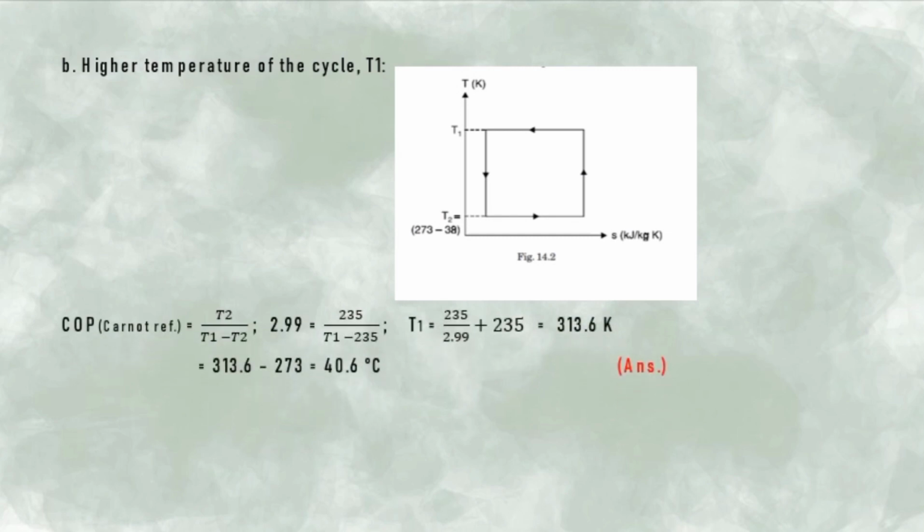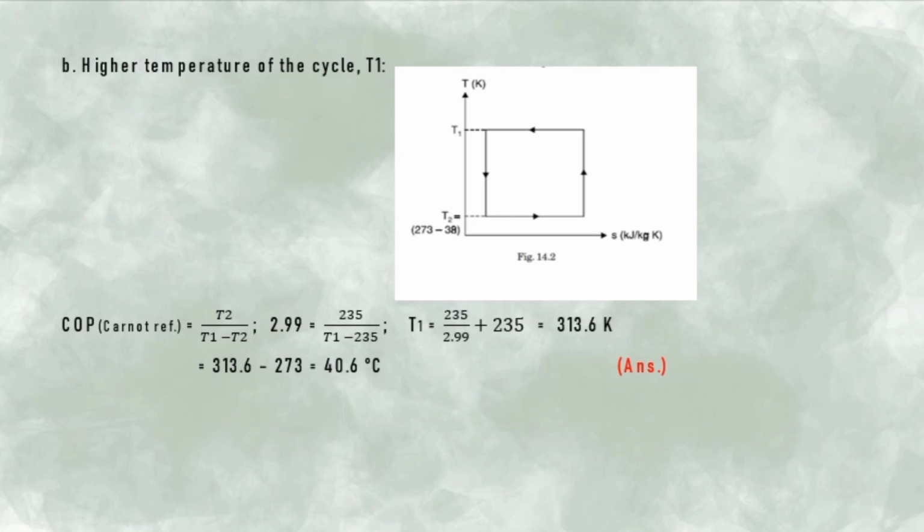And for our higher temperature of the cycle, we have here some illustration. We have here a TS diagram, and from the equation, coefficient of performance of Carnot refrigerator equals the final temperature over the initial temperature minus the final temperature, or 2.99 equals 235 over the initial temperature minus 235.